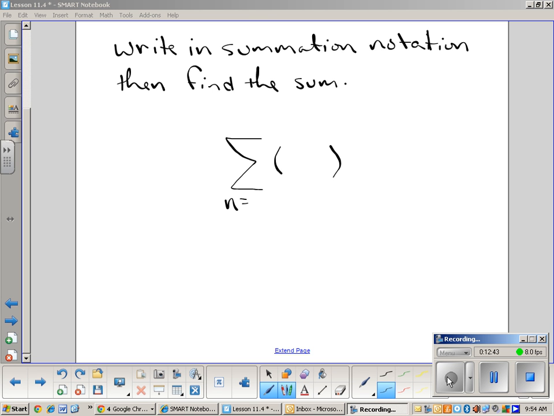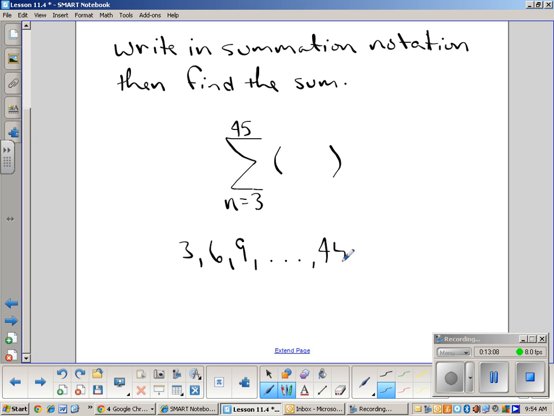Okay, when I'm wandering around, I see things like this. I have to go slower when it's recording. When I wandered around, I saw things like this. Okay? The sequence was 3, 6, 9, and then we didn't know, and then we knew the last term was 45. That's not n.